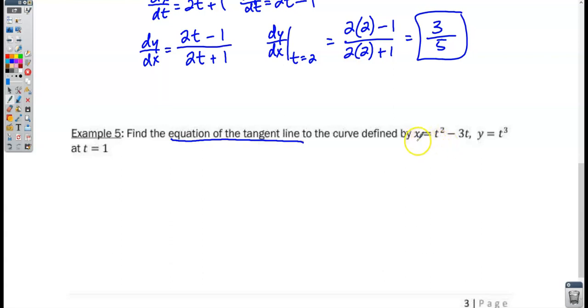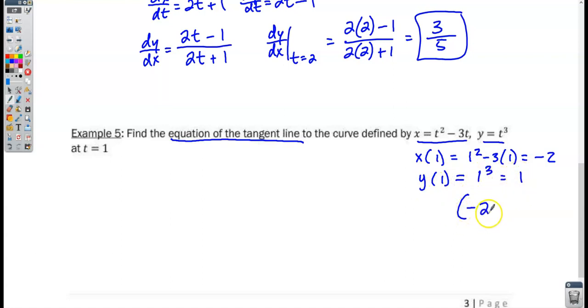So first we're going to use these parametric equations to determine the point. I'm going to find x at time 1. That's going to be 1 squared minus 3 times 1, which is negative 2. And the y coordinate at 1 is going to be 1 cubed, that's 1. And so the point of tangency for this curve is negative 2 comma 1.